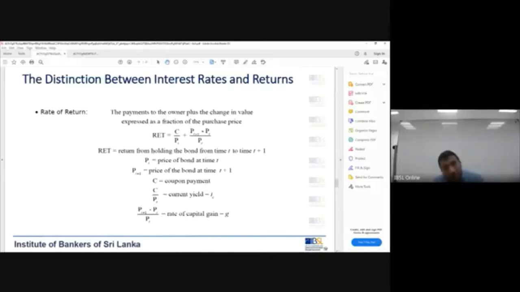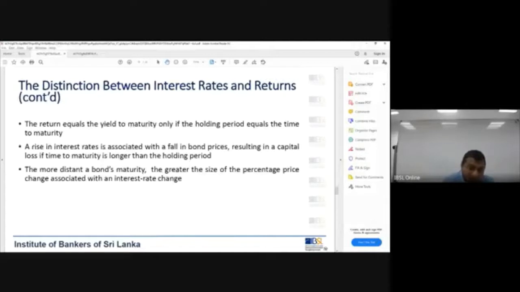So the capital gain or possible loss is also a component you have to bring into the equation when you compute the return. That is very clear in this expression here, and we will detail it further as we move on.